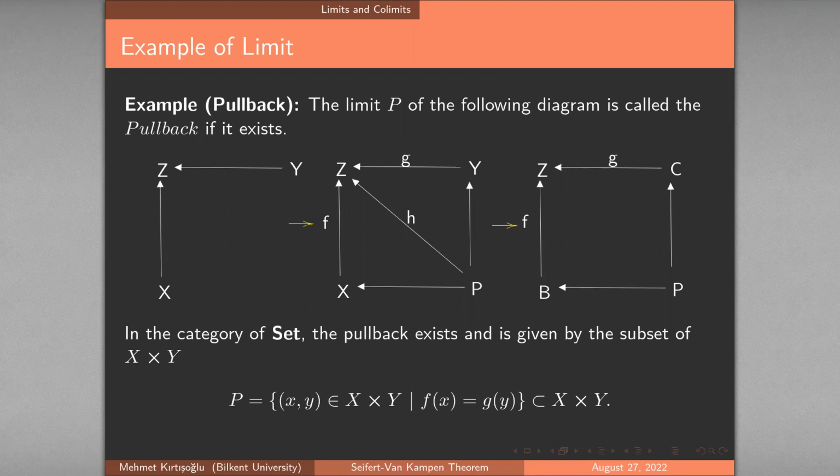Because this h can be given by these two arrows, since it's commutative, we can omit it and say this is the limit. In the category of sets, it is given by this: we have a point from X and a point from Y, but since this is commutative, f of x must be equal to g of y, so it will be a subset of the product of sets.